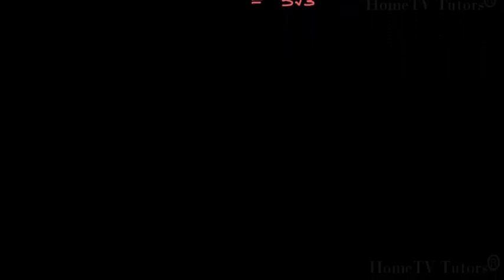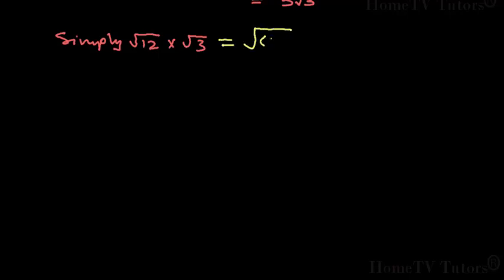Now let us simplify square root 12 times square root 3. So we rewrite this as the square root of 12 times 3, because at first glance you can't work this out.